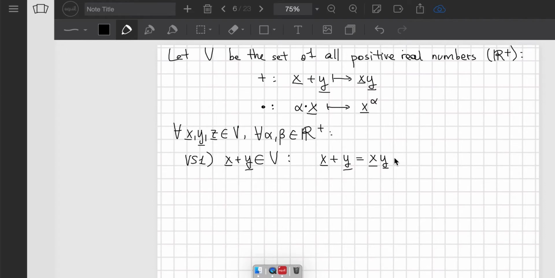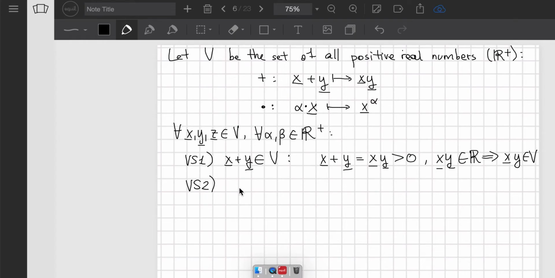And so this must be greater than 0, and since x and y are both real numbers, x times y must also belong to R. So this implies that xy does indeed belong to V because it is a positive real number. So I've shown that since x plus y is equal to x times y, there is closure under addition.